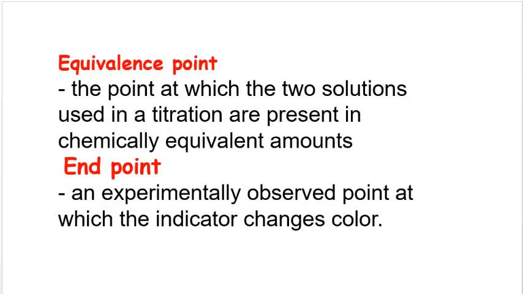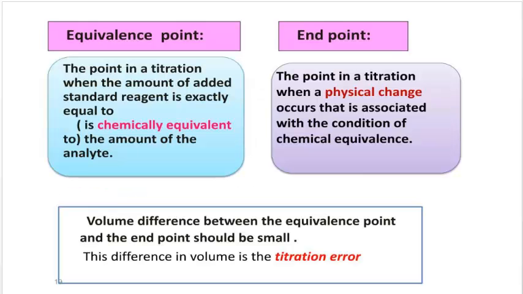Equivalence point. It is the point at which the 2 solutions used in a titration are present in chemically equivalent amounts. Endpoint. It is an experimentally observed point at which the indicator changes color. What is the main difference between equivalence point and endpoint?